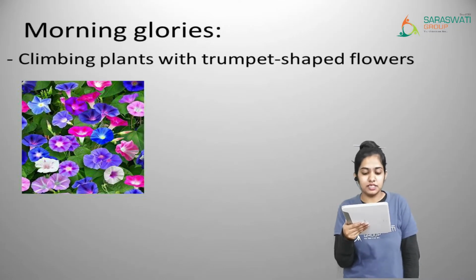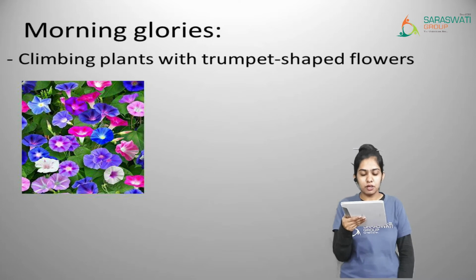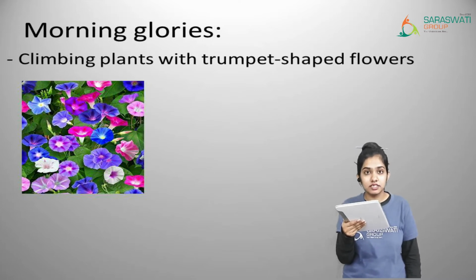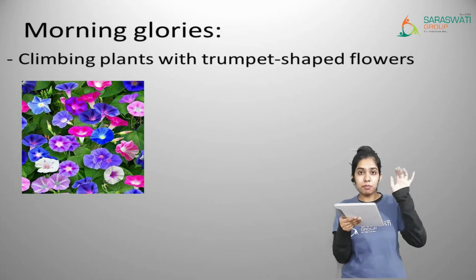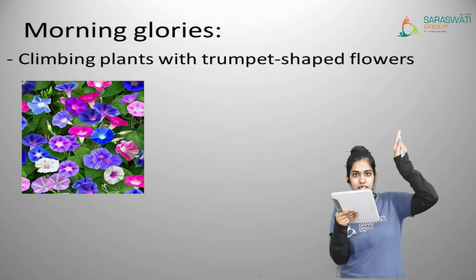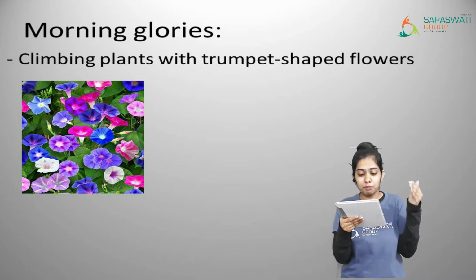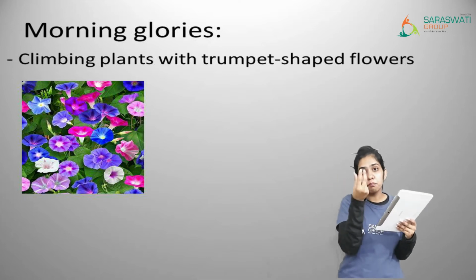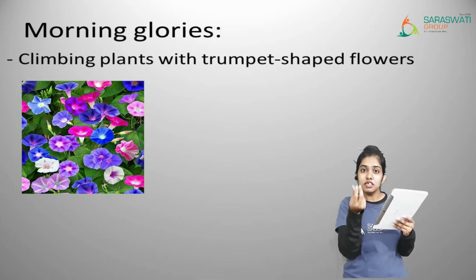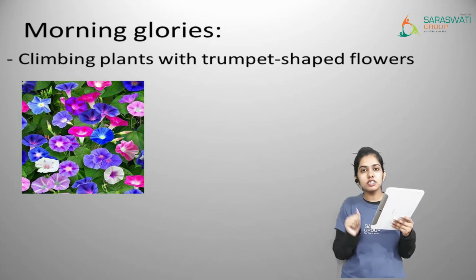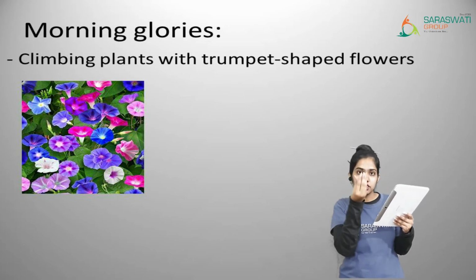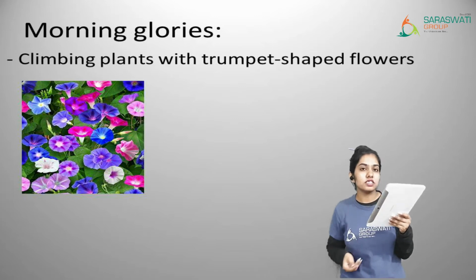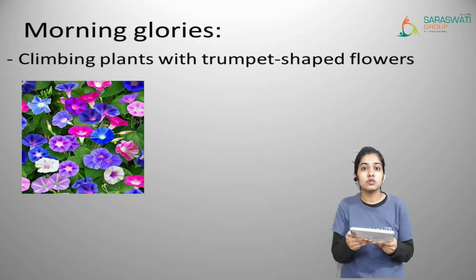Morning glories means climbing plants with trumpet-shaped flowers. How do the flowers look? You can see in the picture, it looks like a trumpet. That's why such flowers are known as morning glories.